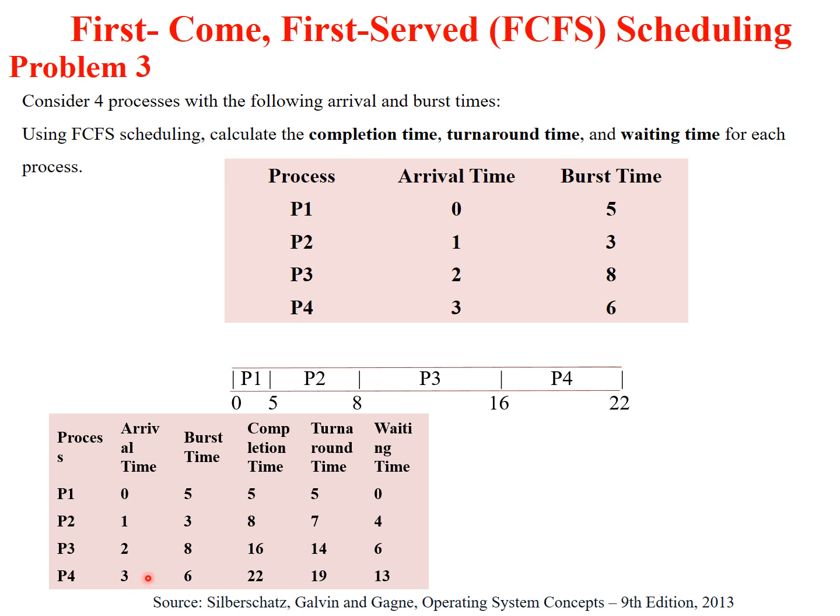P4 arrival time is 3. It started its execution at time 16. So P4 has been waiting in the queue for 13 milliseconds. Average waiting time is 5.75 milliseconds. Average turnaround time is 11.25 milliseconds.